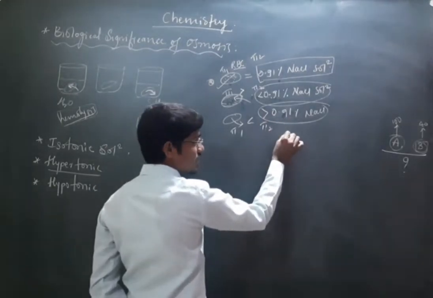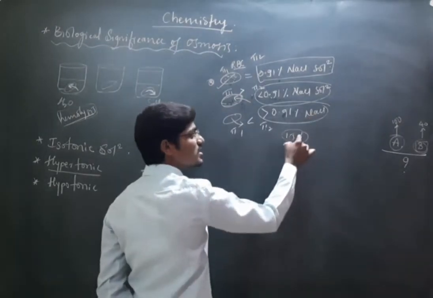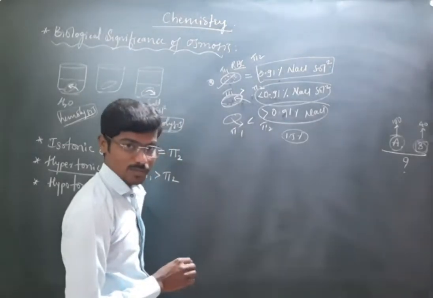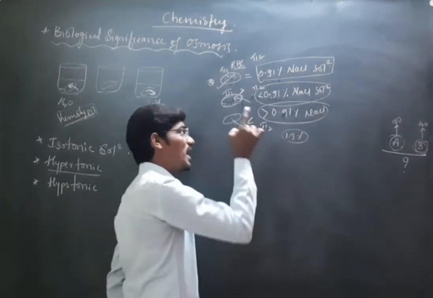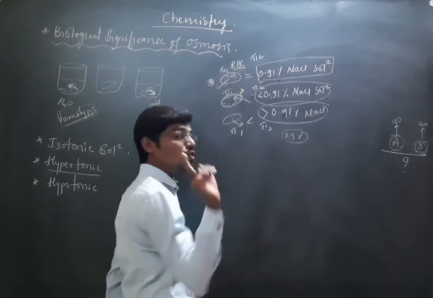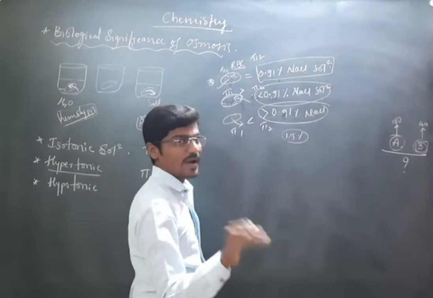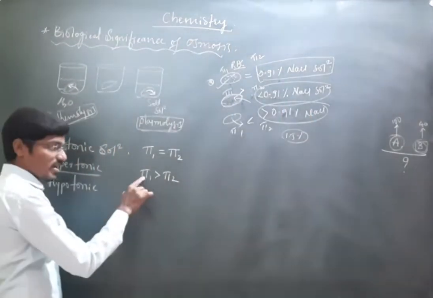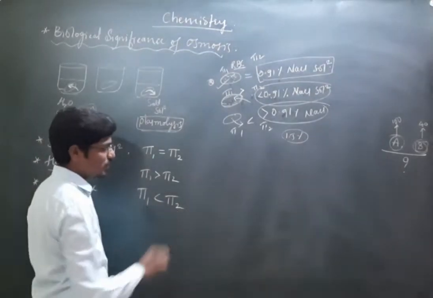Suppose let us assume it is 1.5% NaCl, more than this. 1.5% NaCl is hypertonic with RBC. 0.91% is isotonic with RBC. Suppose 0.5%, that is less, 0.5% NaCl is hypotonic with RBC. So if greater, hypertonic; if less, this is called hypotonic.